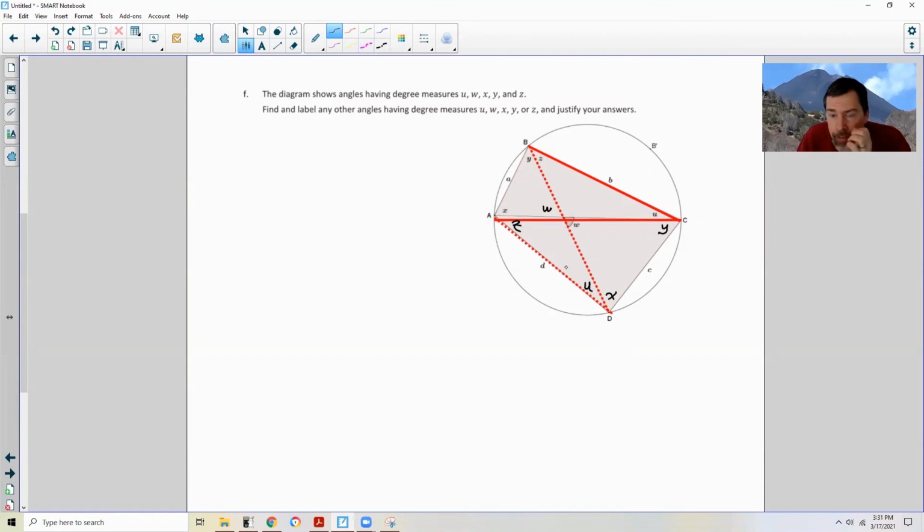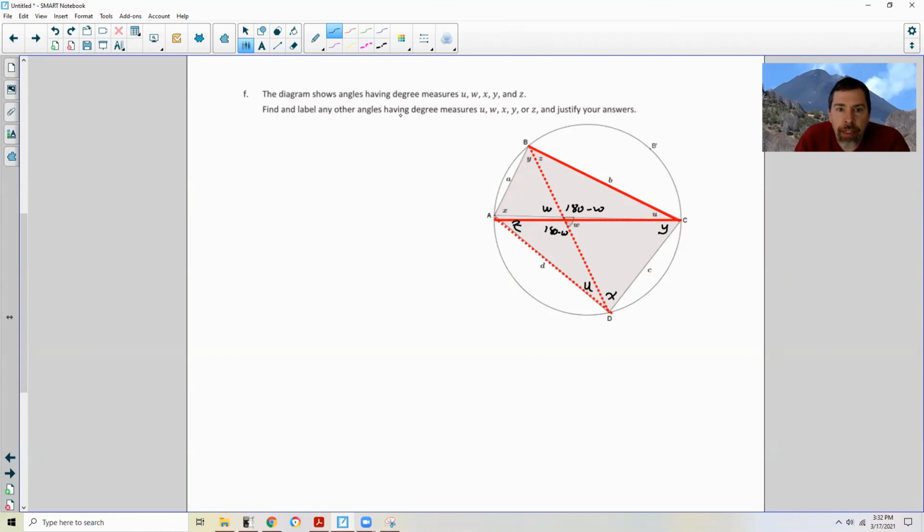So that means this angle is U. So we have U, X, Z, X, Y, Z, U, Y. Vertical angles are congruent, so they're both W. These would be 180 minus W, can't be negative. They don't want that, but I guess we could say that. This is 180 minus W, and this is 180 minus W. Okay?